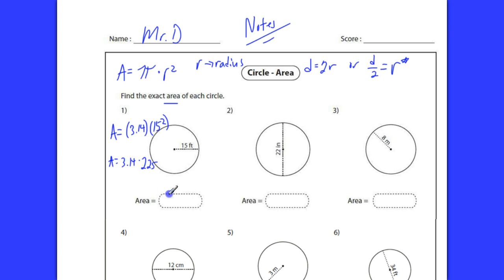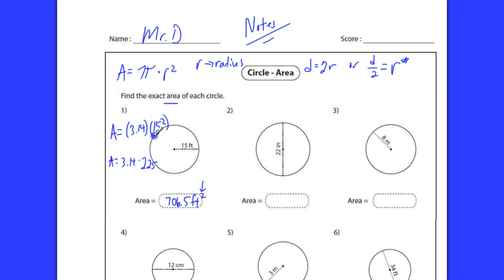Now you multiply 3.14 times 225, and you should come out with 706.5 feet. Now this one is going to be feet squared because we're finding area. It's important that you put that power of 2 on that particular answer. Feet squared means you chop these up into that many squares if you actually had that circle there.